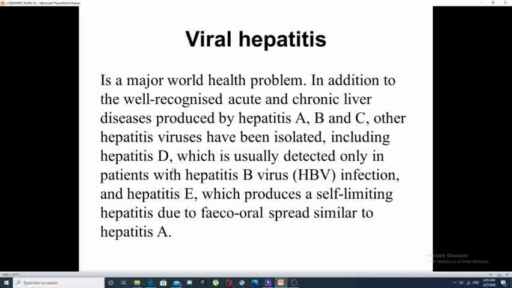The most important type of viral hepatitis in regard to surgical aspect is the B hepatitis, or hepatitis B, because of its modes of transmission through blood and blood products.